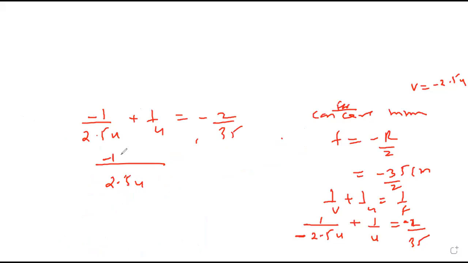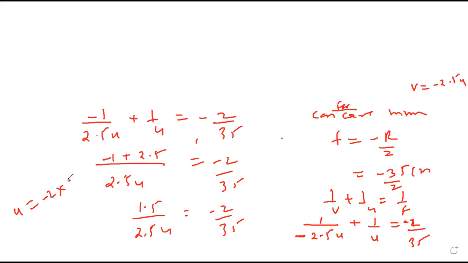Minus u plus 2.5 u will be minus 2 upon 35. That is 1.5 upon 2.5 u is minus 2 upon 35. Therefore, u equals minus 2 into 25 upon 15 into 35. I have removed the decimal. So 5 into 3 is 15, 5 into 5 is 25, 5 into 7. So u equals minus 2 upon 21.